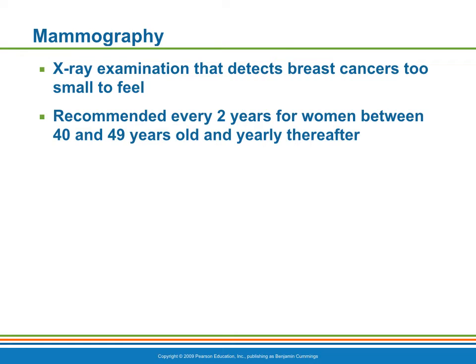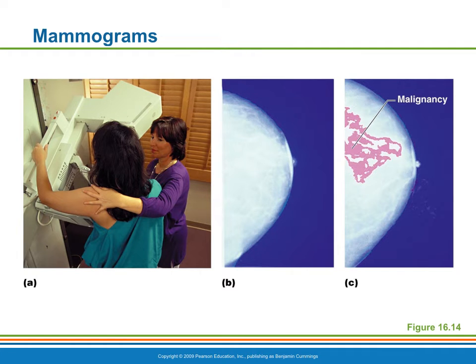It doesn't do a great job, but it's the only defense that we have to make sure we can get early detection. As you can see here, this is the machine. It x-rays the breast in order to determine if there are any odd tissues, and if there are, then a person reading the x-rays can go to the next step.